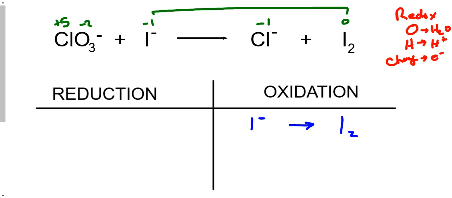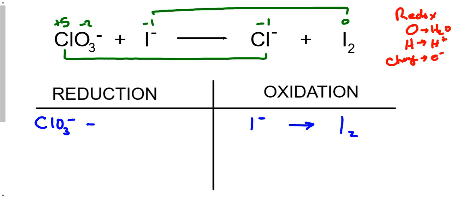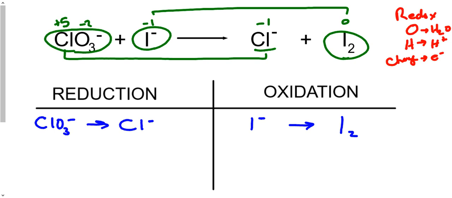Where's the other change that happened? Well, the chlorine here went from a +5 oxidation number down to a -1. That's a reduction. So we have ClO3 minus ion turning into Cl minus ion. Now, when I draw these connecting lines, you put everything that is there down to the bottom. The ClO3 turned into the Cl.